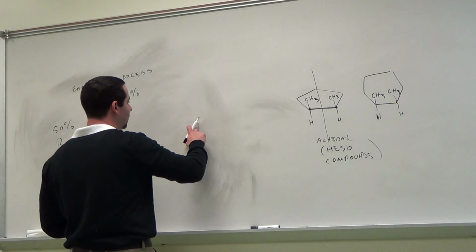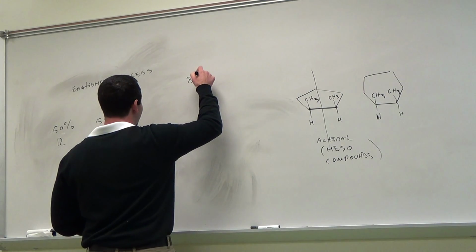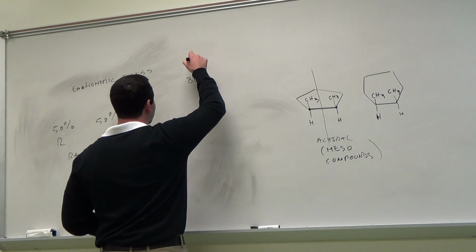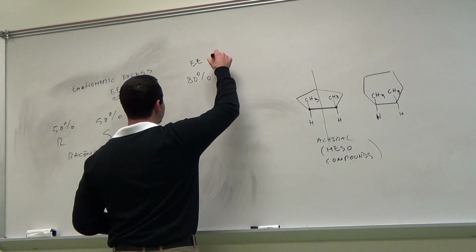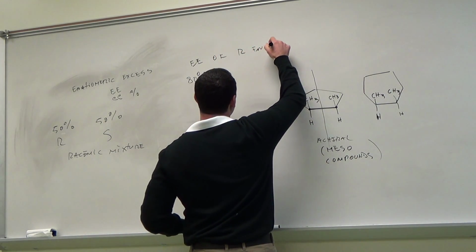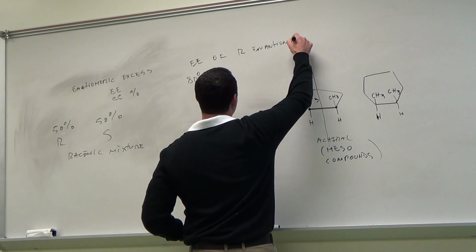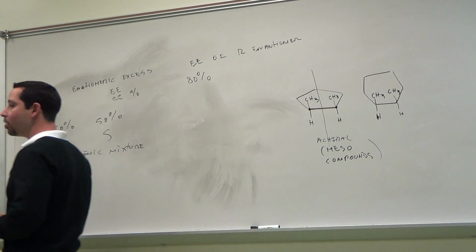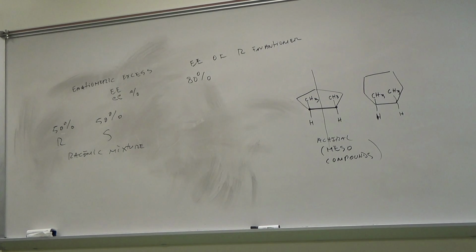So let's say that something has 80% enantiomeric excess of, let's say, an R enantiomer. The question here is, how much of this is R and how much of it is S?